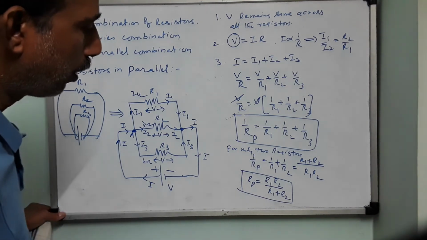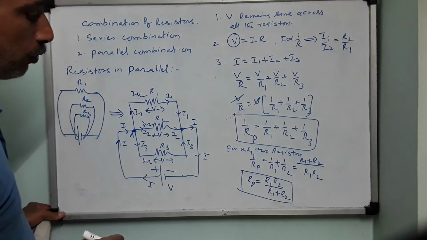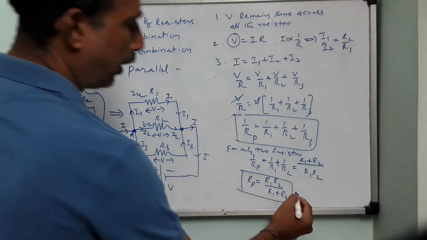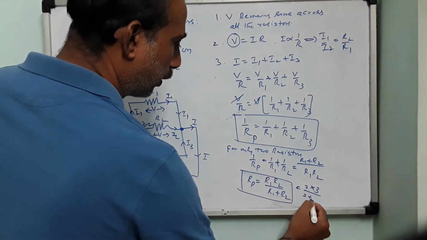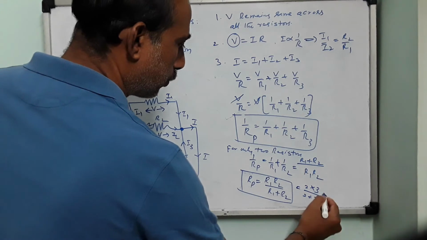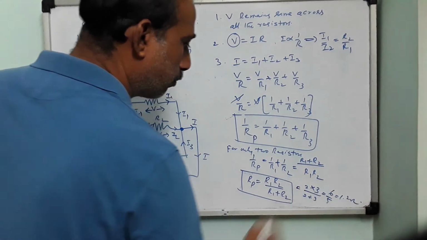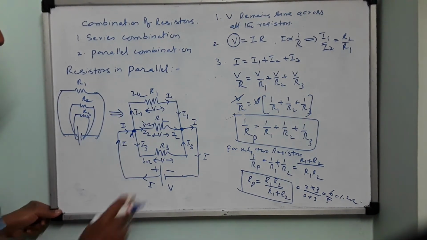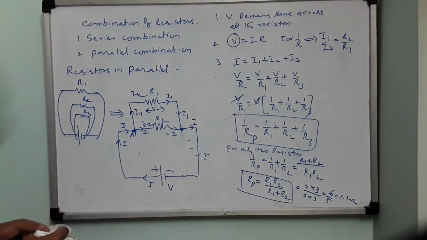Suppose I have 2 resistors, 2 ohm and 3 ohm, connected in parallel. Net will be 2 into 3 divided by 2 plus 3, so 6 divided by 5 equals 1.2 ohm. I take only these two, 2 and 3.